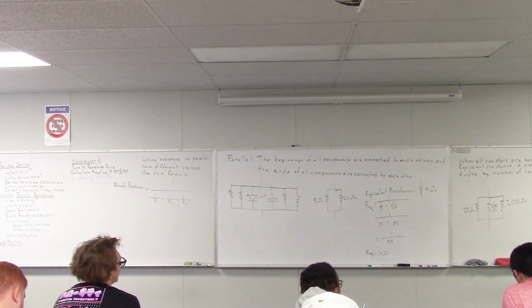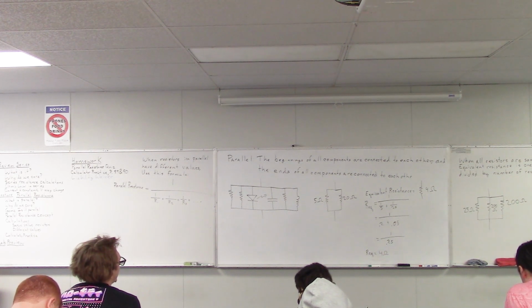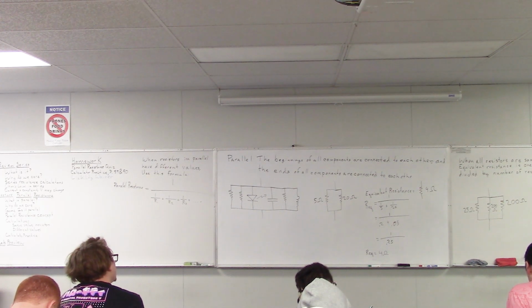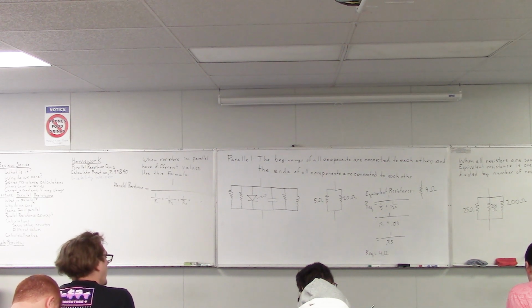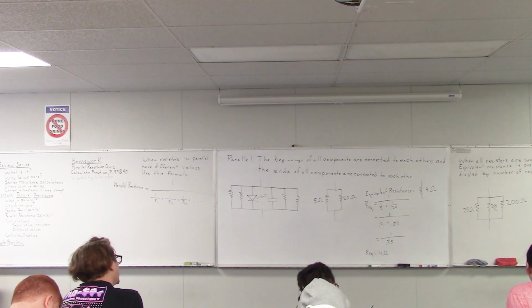So we can use that formula over there, and we say R EQ equals 1 over 1 over 25 plus 1 over 200 plus 1 over 200.